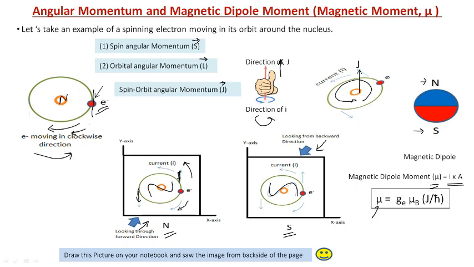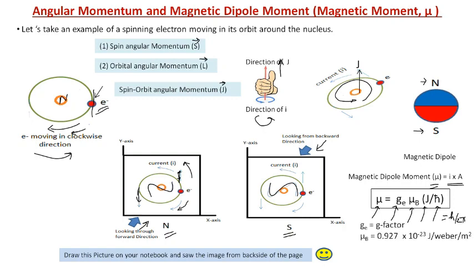Here this is our magnetic dipole moment, this g_e is the electronic g factor, and this mu_B is the electronic Bohr magneton. This J represents the total or spin orbit angular momentum. This h-bar is nothing else, it is equal to h upon 2 pi, where h is the Planck's constant.